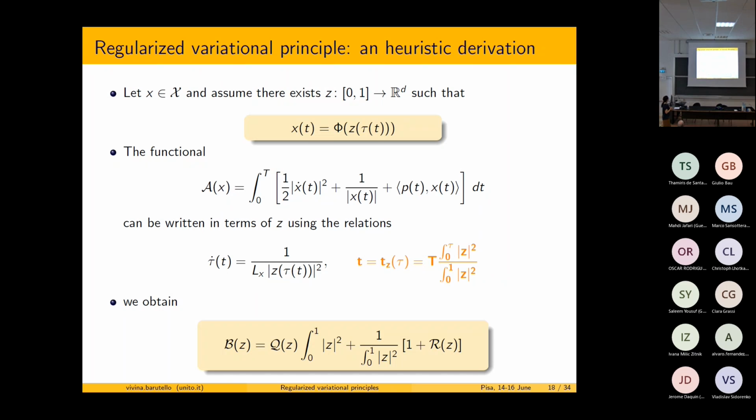So, now assume that there exists a motion, a loop, a small x in capital X, that is the image with respect to phi of a loop Z. Assume this. And let us write this functional in terms of phi.